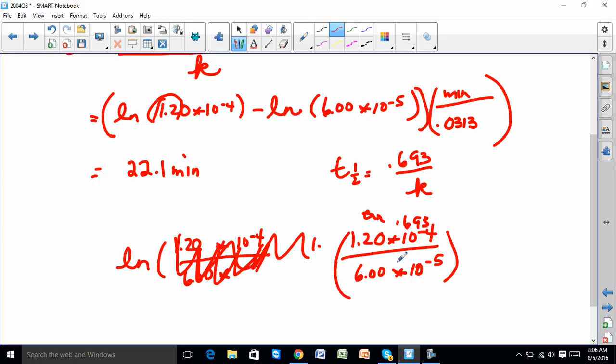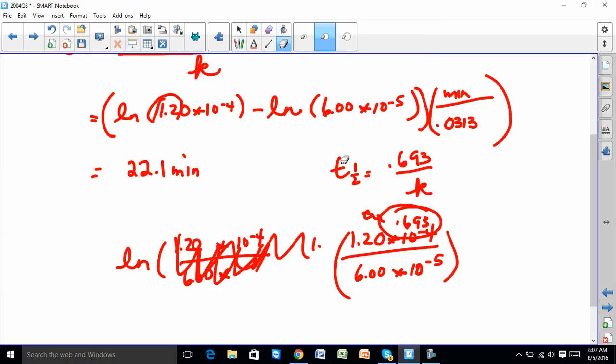This ratio is always going to be 2, or the reciprocal of a half, because I moved it the other way. But if you do 0.693 divided by 0.0313, you also get 22.1 minutes.